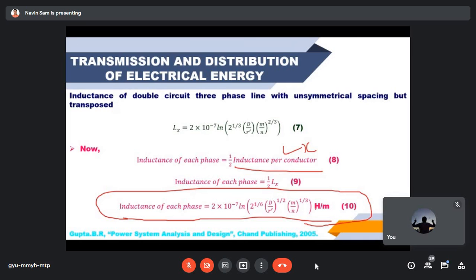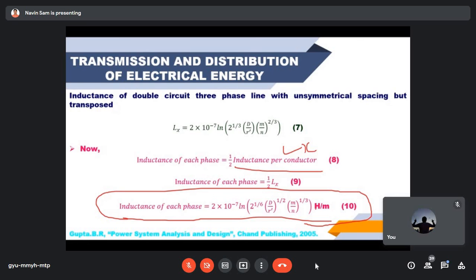Now what I would like to convey is that you are very much familiar with estimating the inductance of various circuits. We started with a simple conductor, then single phase line, 3-phase symmetrical, 3-phase unsymmetrical, 3-phase unsymmetrical with transposed conductors, and 3-phase double circuit unsymmetrical with transposed line.